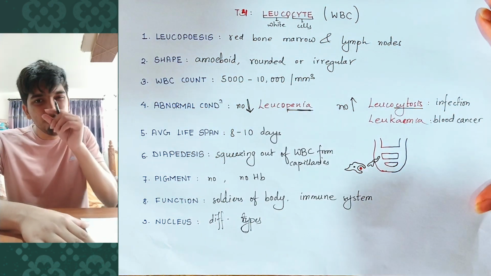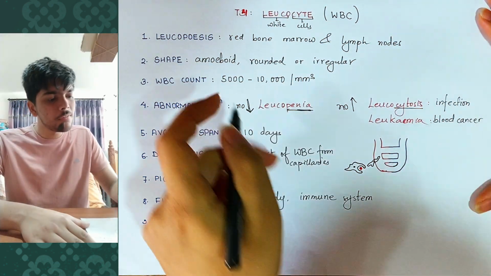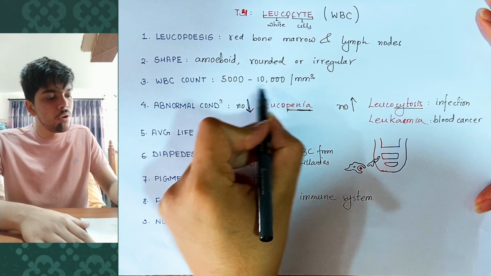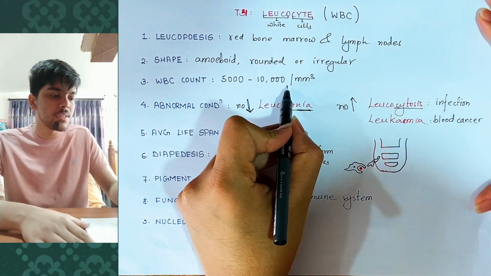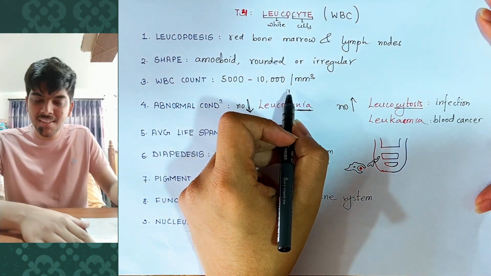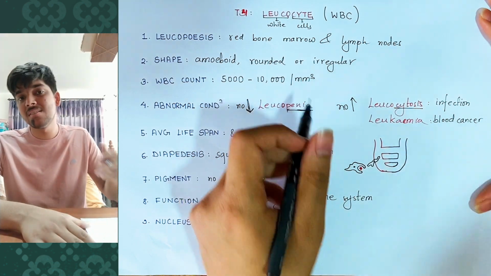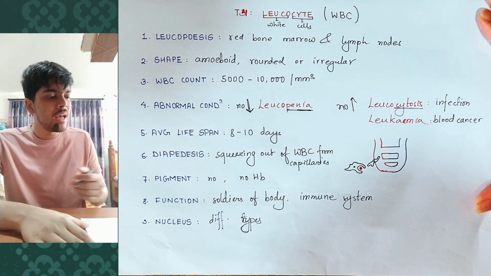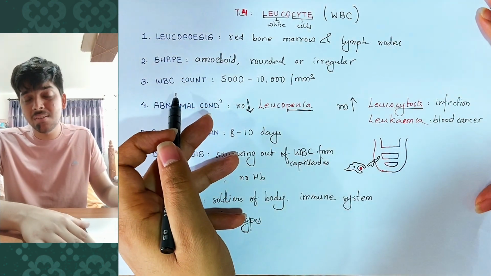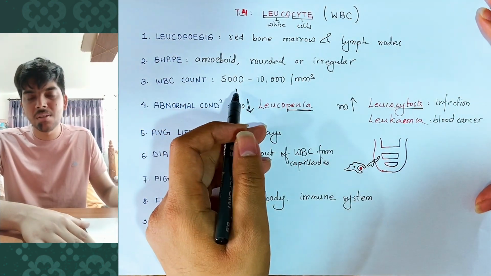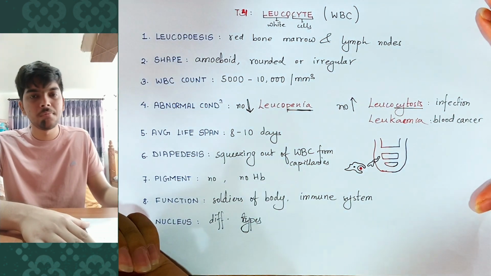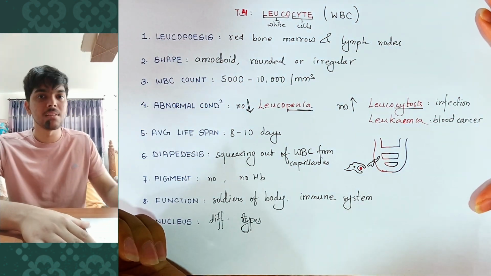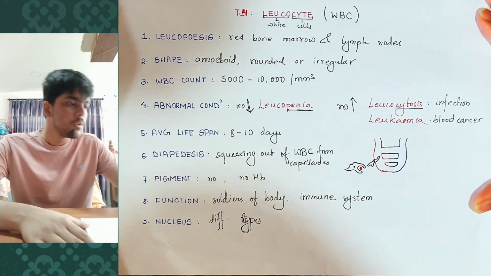That is, in 1 cubic millimeter of blood, you can find only 5,000 to 10,000 white blood cells, because red blood cells are found in millions per cubic millimeter, and white blood cells are found in thousands per cubic millimeter. So very low as compared to red blood cells.